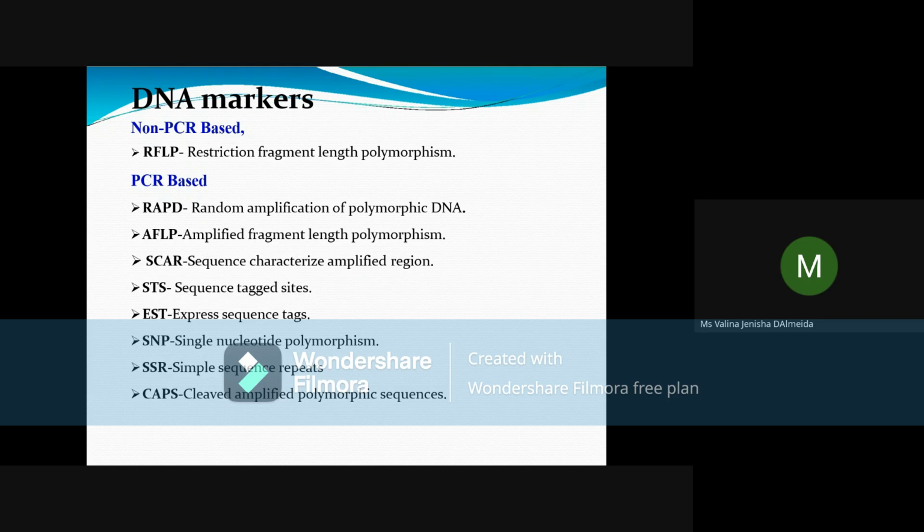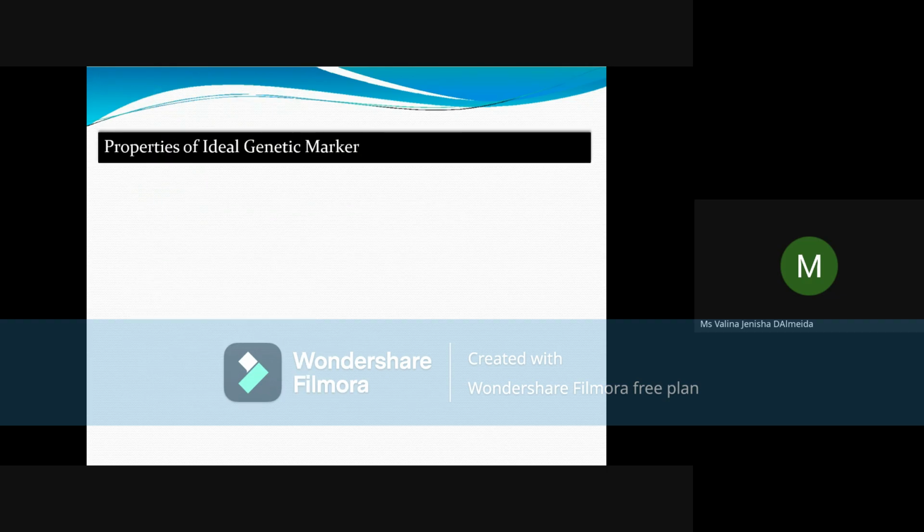Now, under PCR based, we have RAPD, AFLP, SCAR, STS, EST, SNP, SSR, and CAPS. These are the various techniques used. Now, we will be particularly concentrating on the RAPD and AFLP techniques. These are the basic PCR based molecular marker techniques.